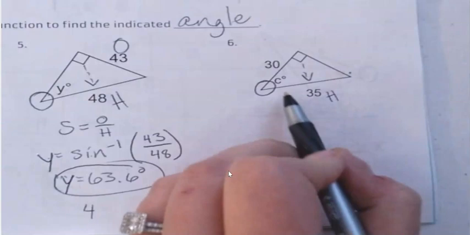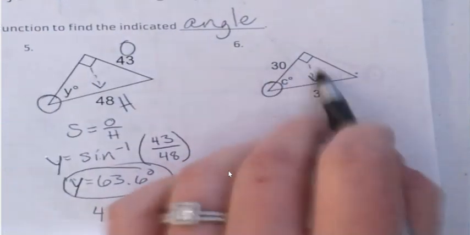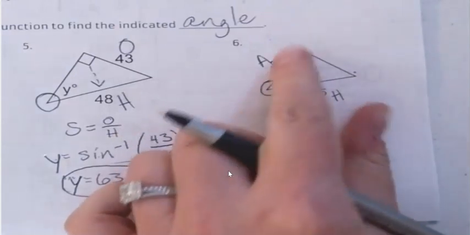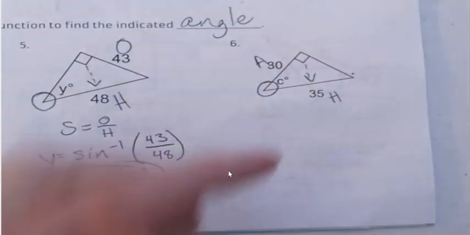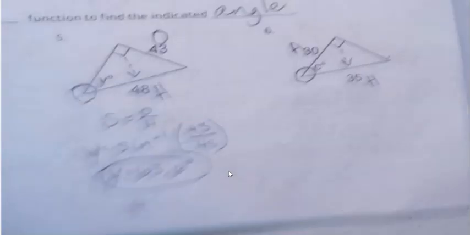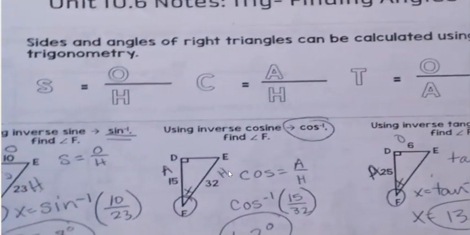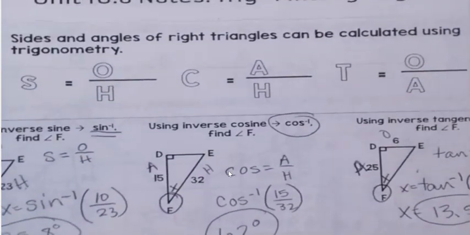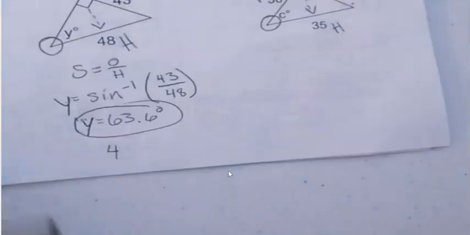So C is the angle we're looking for. 35 is the hypotenuse. And then 30 is right next to C. Notice 30 touches that angle. It's not the opposite side, so I'm not even going to write that down. And then I look over here and I'm like, oh, the only one that doesn't have the opposite side is cosine.